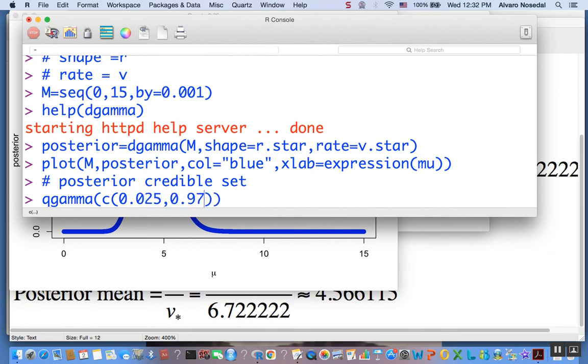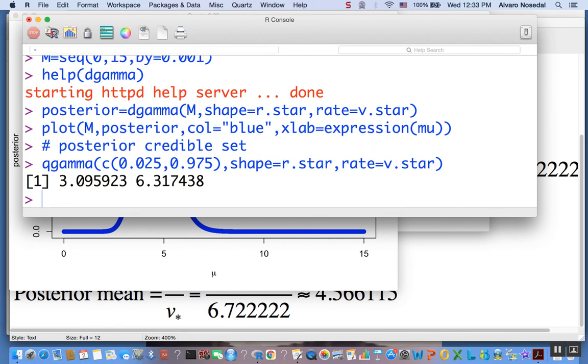So we need these two quantiles, right? The probability between these two is going to be 95%. So again, what we want is shape to be R star, and we want to use rate, which is V star.